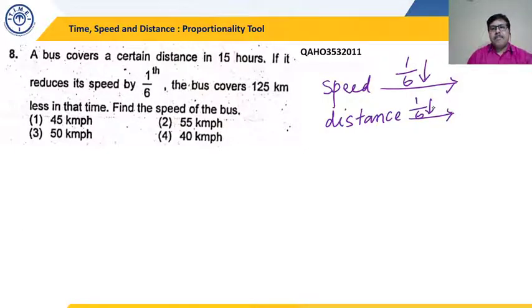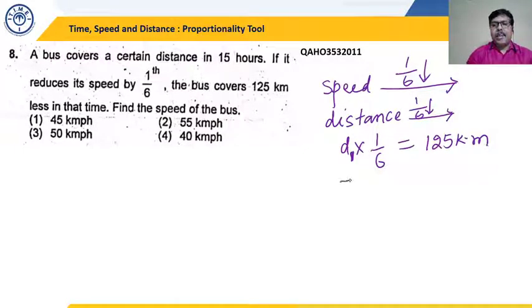Because your time taken is constant, right? So 1 by 6 of old distance, D into 1 by 6. D is the old distance, or you can say D1 is the old distance. D1 into 1 by 6 is 125 kilometers. Can I say 1 by 6 of old distance is 125 kilometers?